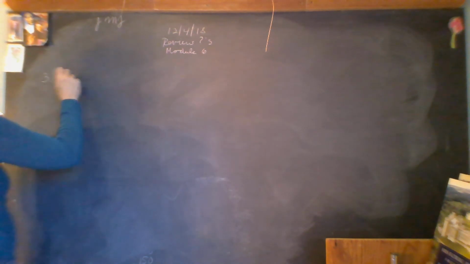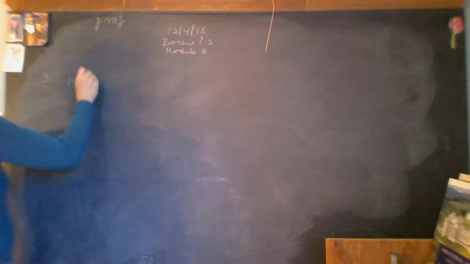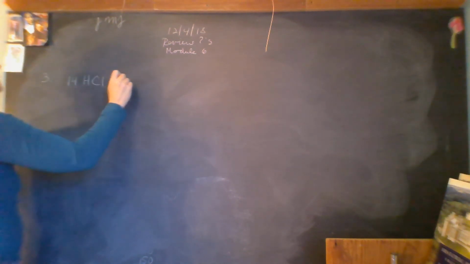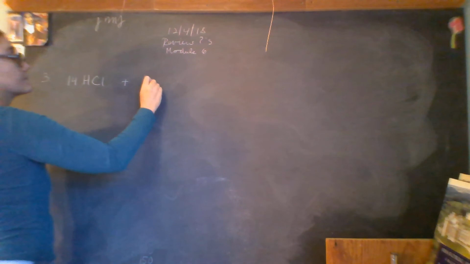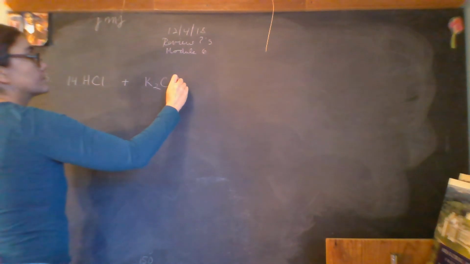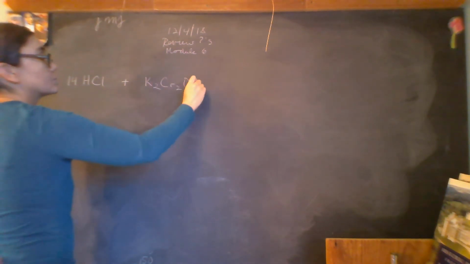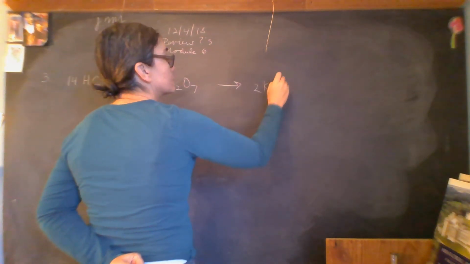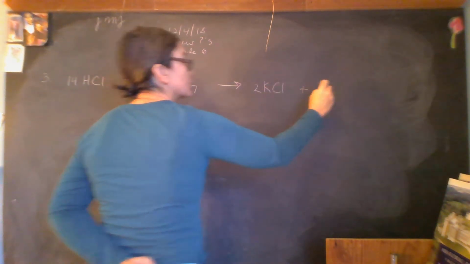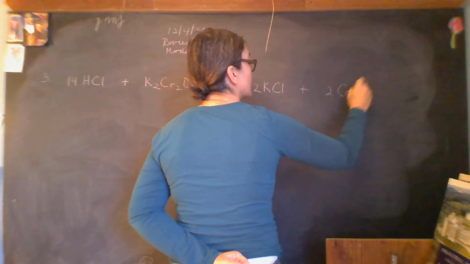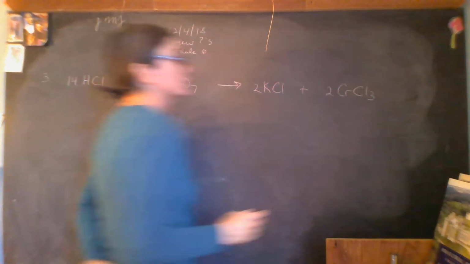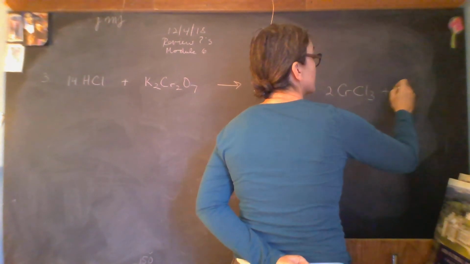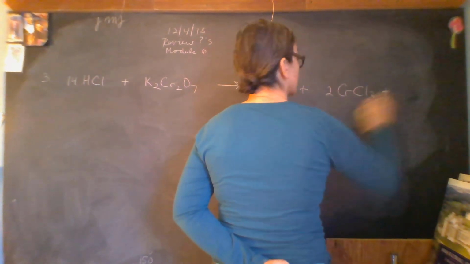A chemist experiments with the following reaction. 14HCl plus K2Cr2O7 yields 2KCl plus 2CrCl3 plus 3Cl2 plus 7H2O.